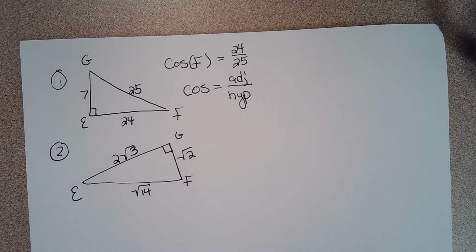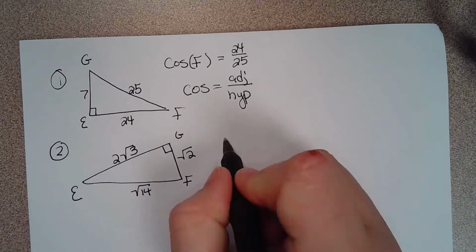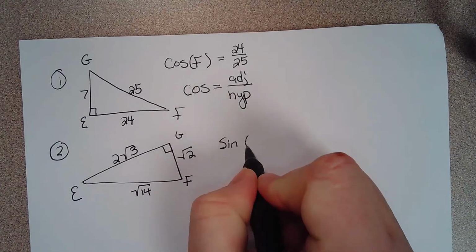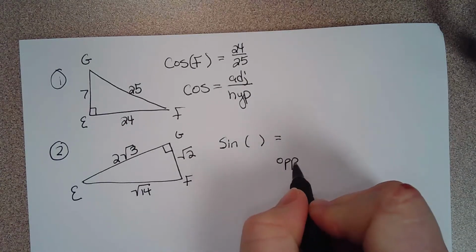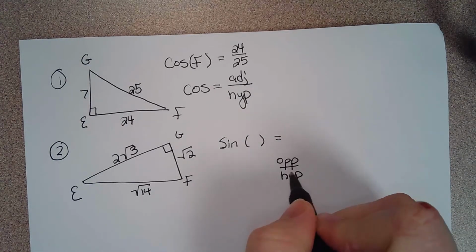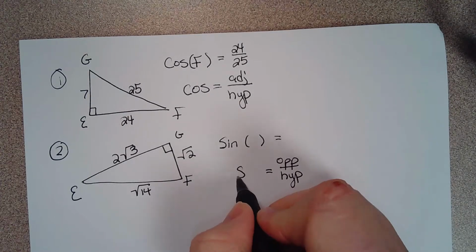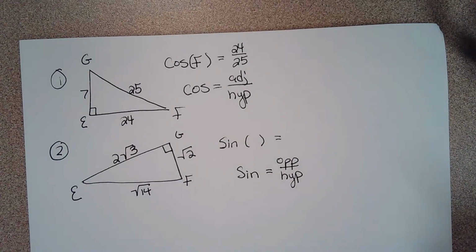For this particular one, we are looking for sine, and we know that sine is equal to opposite over hypotenuse. This one's a little unique because we are giving you a decimal, 0.38. And if you recall, these are square roots, so we're going to have to know which square root creates the 0.38.